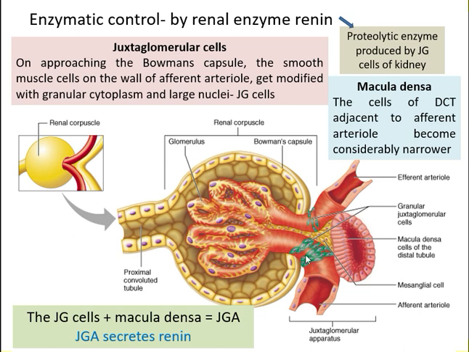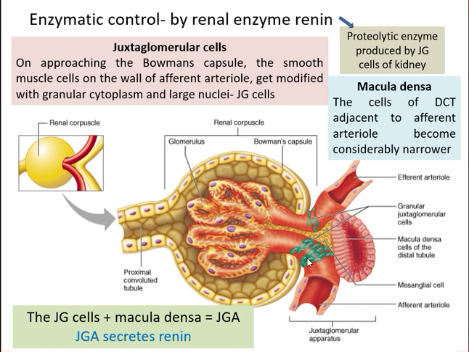Now, at the place where the afferent arteriole approaches the Bowman's capsule, on the walls of the afferent arteriole there are some smooth muscle cells. They start getting modified. In what way?